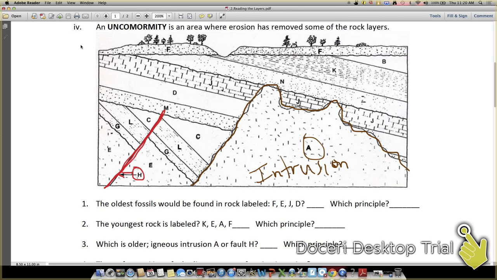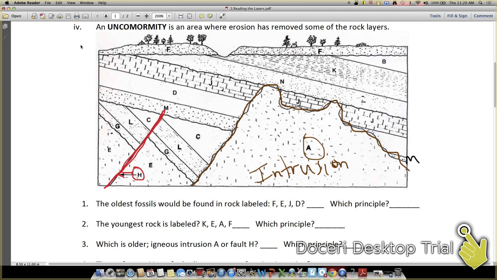Do we need to identify E? It's already been identified, right? Yeah. G is identified everywhere. L is identified. C is. A is M? No, because M's also over here. They look like similar rocks, but they're not the same thing. That's why they're labeled. M is also on this side of the intrusion. What about D?